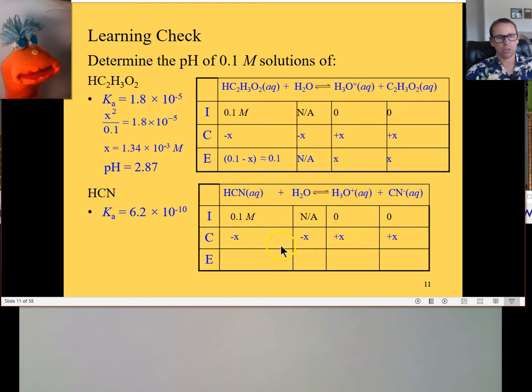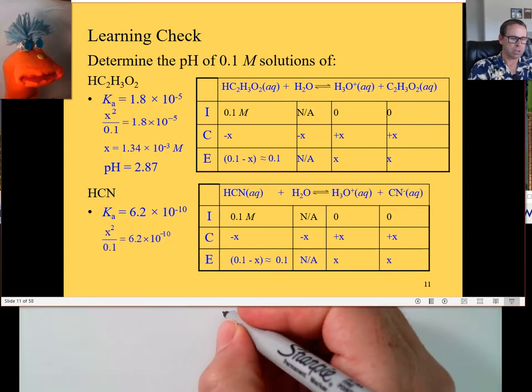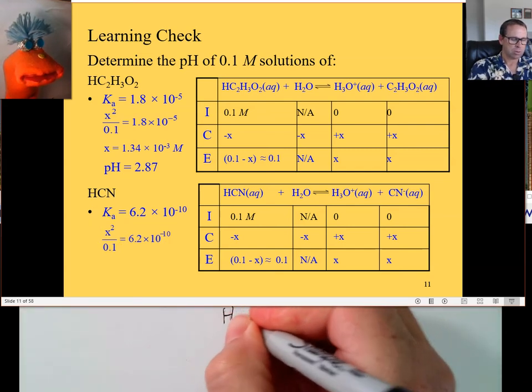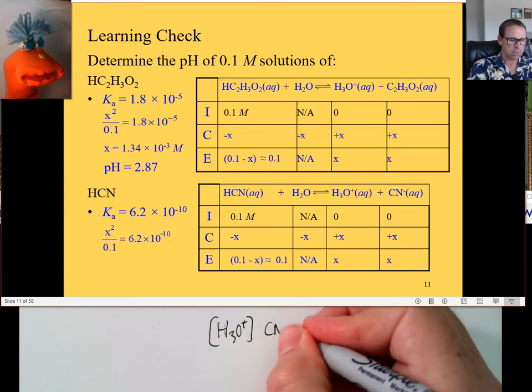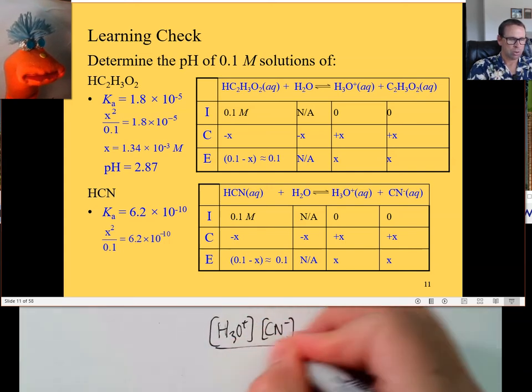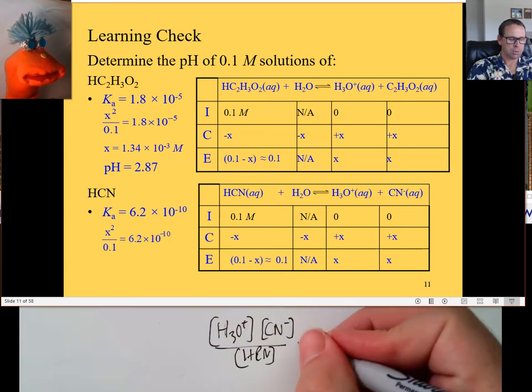Okay, and then the equilibrium is 0.1 minus X, but we drop that X, and then X squared on the other side. Very good. And then X squared over 0.1 equals the Ka. Again, this X squared is coming from our equilibrium expression of H3O plus its concentration times CN minus its concentration over the concentration of HCN at equilibrium.